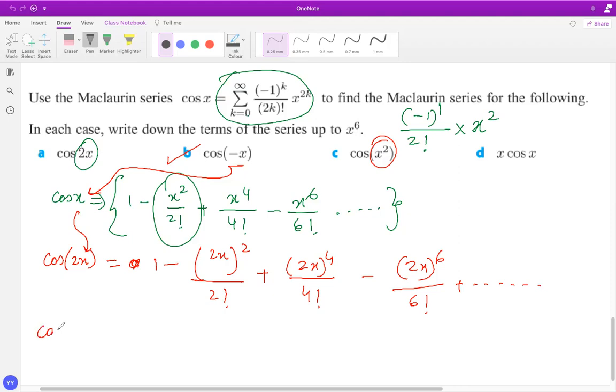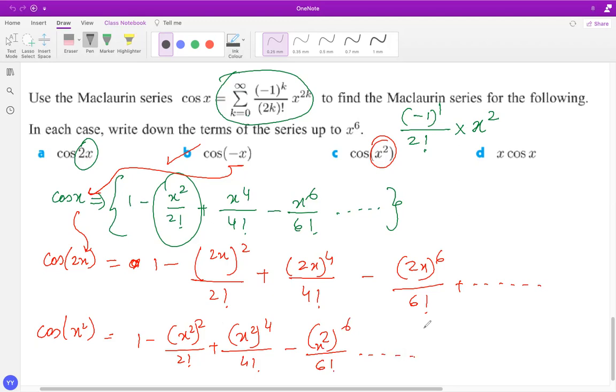So cos of x squared is 1 minus x squared the whole squared over 2 factorial plus x squared the whole raised to 4 over 4 factorial minus x squared to the power 6 over 6 factorial, and so on. Now when I simplify this, it is 1 minus x to the power 4 over 2 factorial plus x raised to 8 over 4 factorial, and so on.